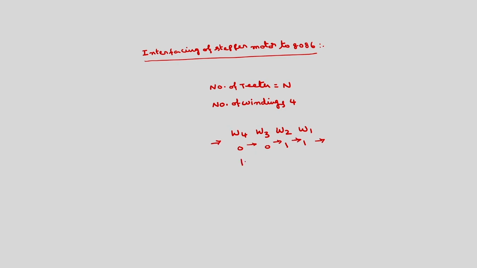So this becomes 1 0 0 1. Till you get the same first sequence, we have to do this rotation. Then the next rotation is 1 1 0 0. Next rotation 0 1 1 0. Next rotation is 0 0 1 1, which is the same as the initial sequence.